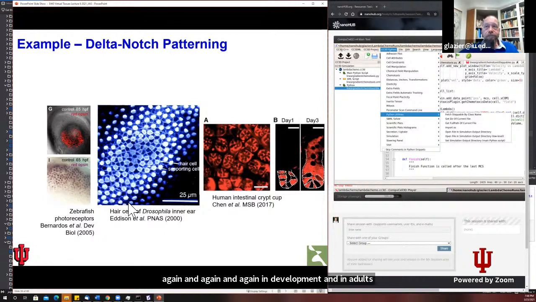In this case, the photoreceptors in the eye of a zebrafish embryo. Here, the hair cells in Drosophila in the ear. Here, the cells in the intestinal crypt. In each one of these cases, you have this pattern where you have isolated low-notch cells surrounded by high-notch cells.